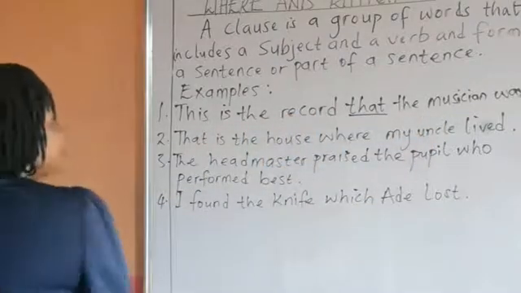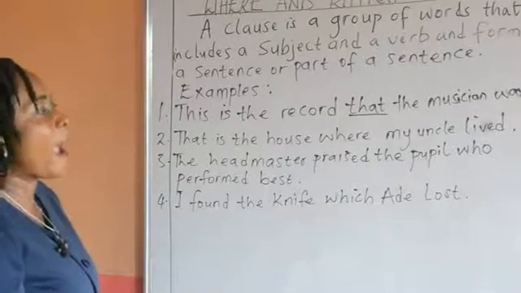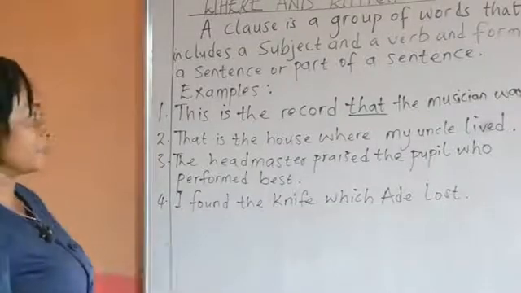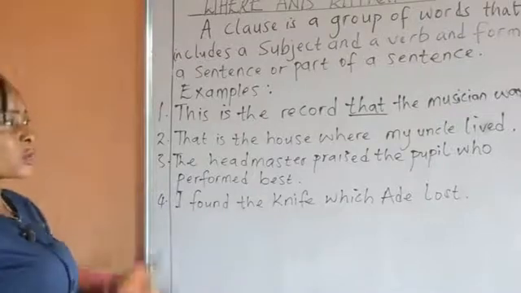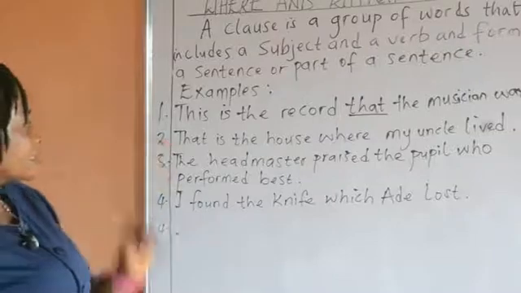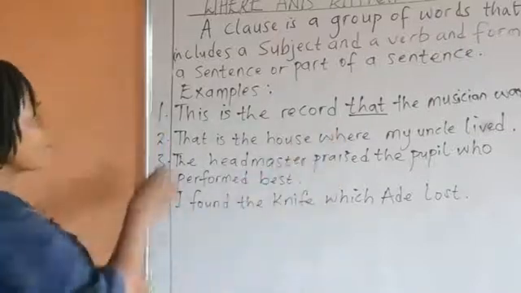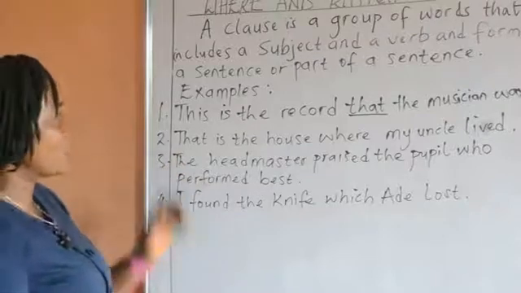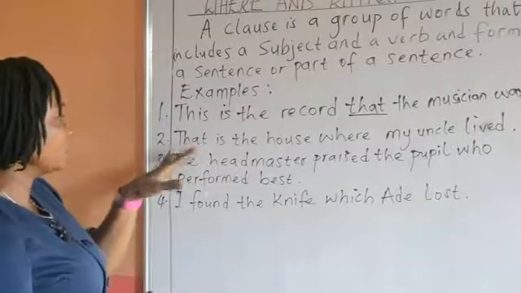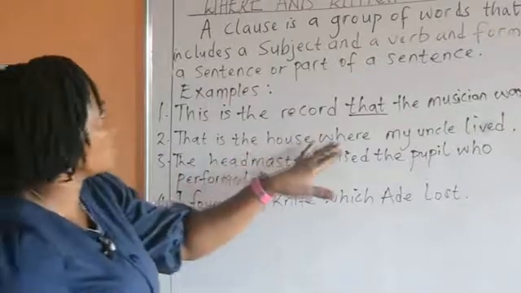Good. The next is, that is the house where my uncle lived. We have the word that here. We have the word where. Please do not forget. The first one, that is not the one we are looking for. That one, the first one is talking about the subject. But we are looking at the clause there.